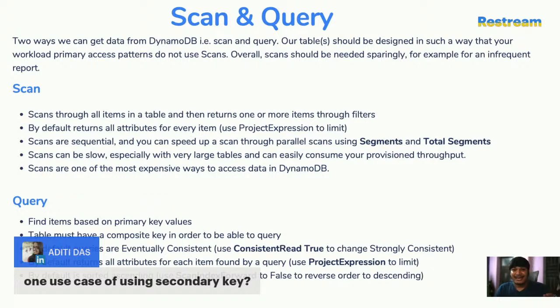In that case, you have already utilized the primary key and the sort key. To fetch the data faster and more accurately, you have to use a secondary key. That's a very good example. Suppose you want only students whose age is more than 20 or less than 20. There can be other fields too where you want to add a secondary key to get the data faster.